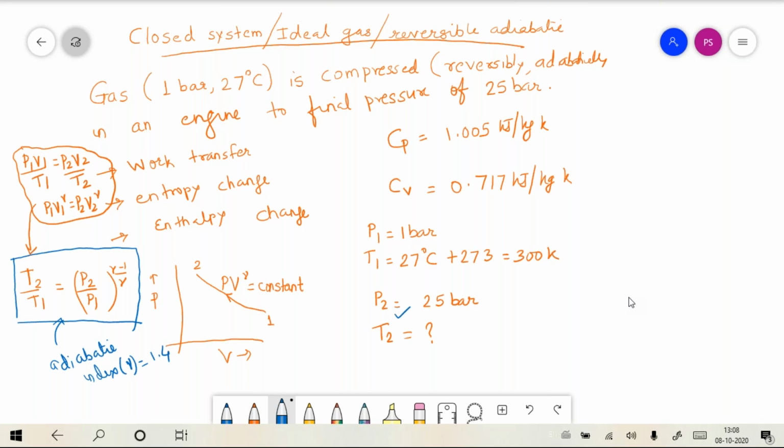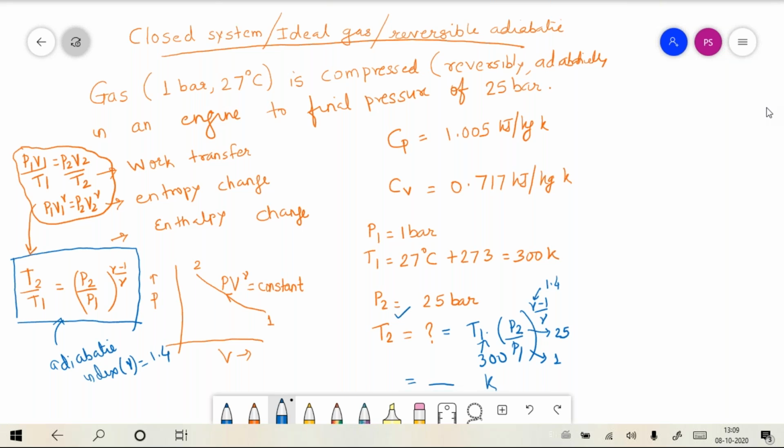Thank you, Neha. The answer which Neha has got, and which is correct, is 752.54 Kelvin. So now we have got the value of temperature T2.